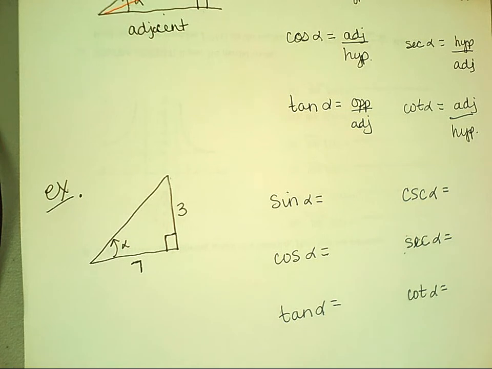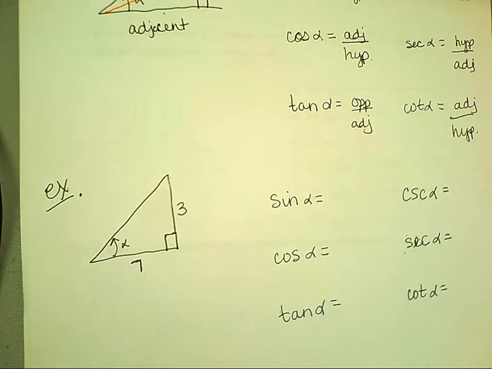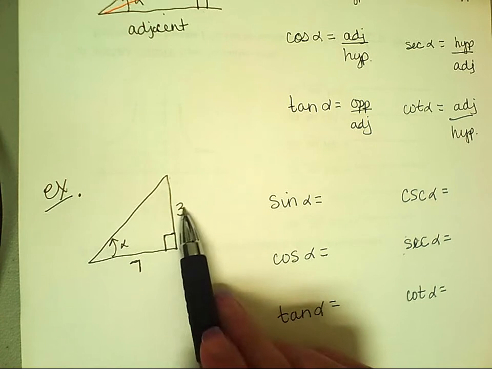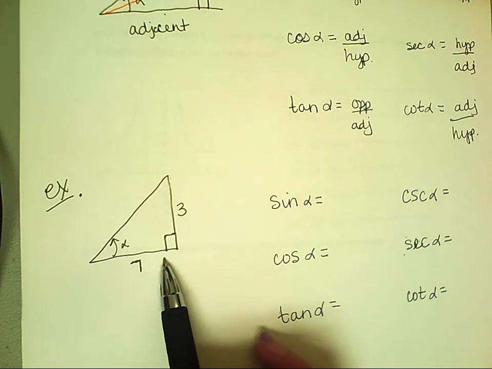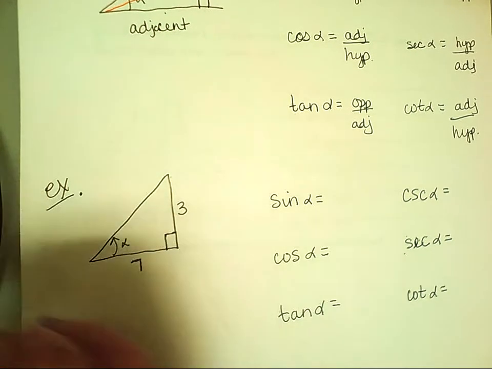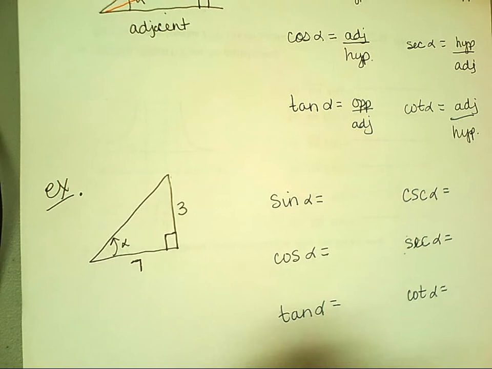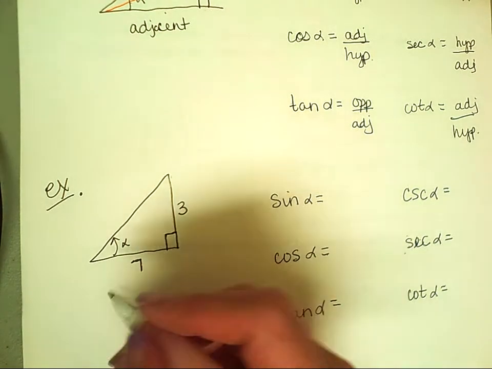Well, we can do that. That's not a problem. We'll need to know what the opposite side is. We know that, and the adjacent side, but we don't know about the hypotenuse. But that's okay. We can use the Pythagorean theorem.